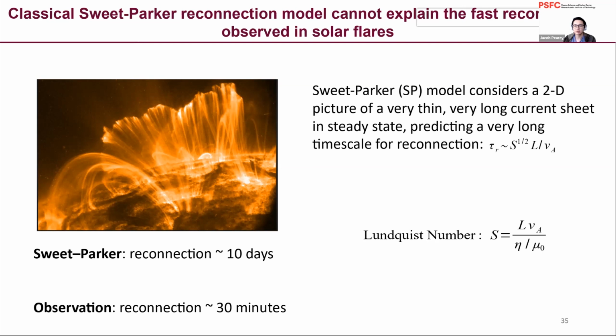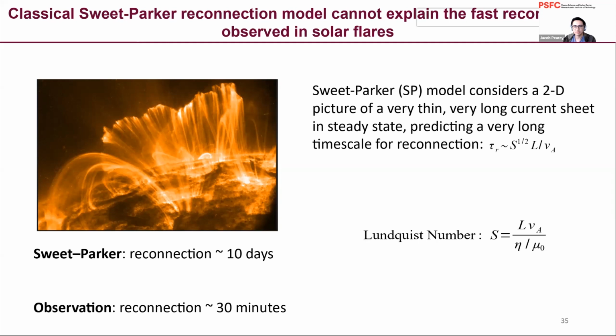And it has a very long time scale prediction for the rate at which these fields are reconnected and the energy is released. So the Sweet-Parker model suggests that a reconnection in a solar flare-like system might take place over 10 days, whereas we observe that they take place over the course of about 30 minutes, which is a huge discrepancy between the theoretical model and our observation.